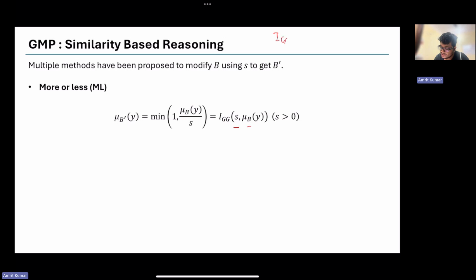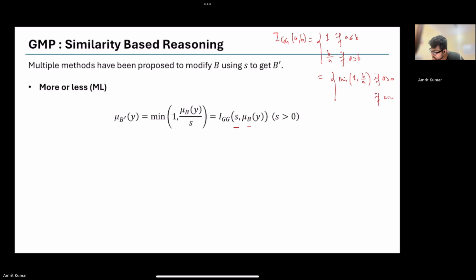So recall, how is the Goguen implication defined? It is 1 if A is less than or equal to B, and it is B by A if A is strictly greater than B. And it turns out that this is nothing but the minimum of 1 and B by A if A is greater than 0, and it is 1 otherwise. So the Goguen implication, which is generally defined in this particular manner, can also be expressed in this particular form.